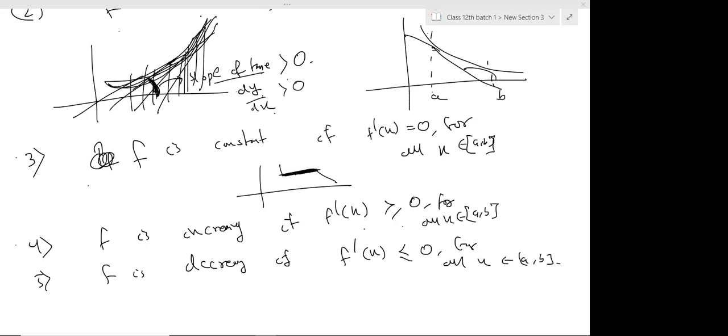Krishna, please note it down. I'll explain again. All right. First, note it down, these 3 points, 3, 4, 5.